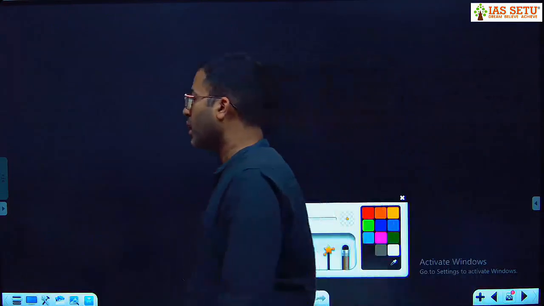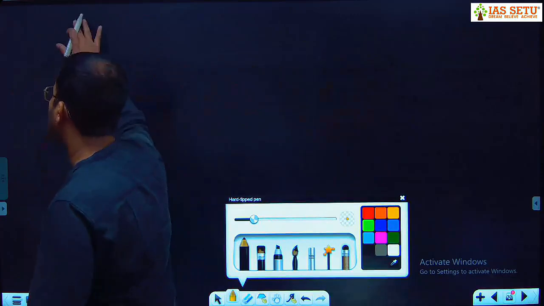We will observe two-digit and three-digit. Two digits start from 10, but I start from 11.